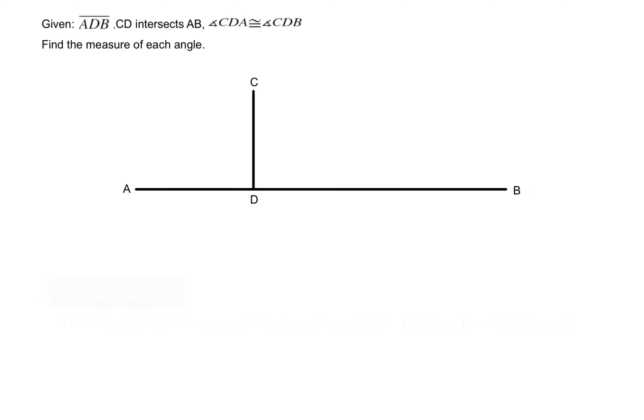Okay, let's take one more. Given line segment ADB, this is the straight line right over here. If it's a straight line, that means we've got 180 degrees. So this whole thing is equal to, as you guessed it, 180 degrees. And CD intersects AB.